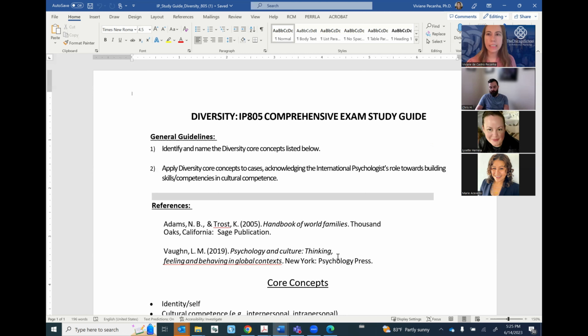The rubric is the blueprint that the faculty will use in order to grade your exam. All exams will be graded using that rubric. So familiarize yourself with what we are looking for in that question. Read the case, read the questions, read the rubric, and then start responding to the questions. I know the anxiety sometimes takes over us, but I really recommend that you do it in this specific order. Okay.